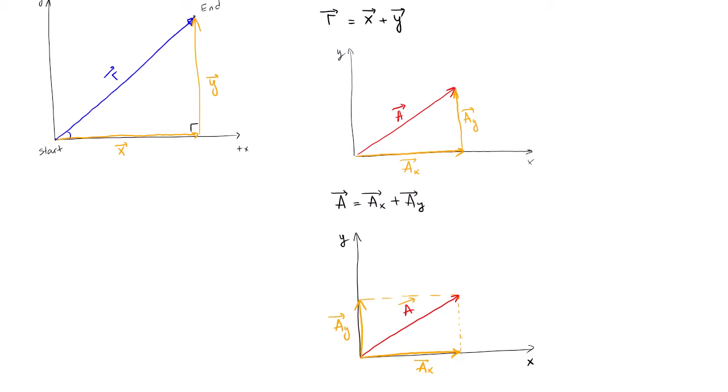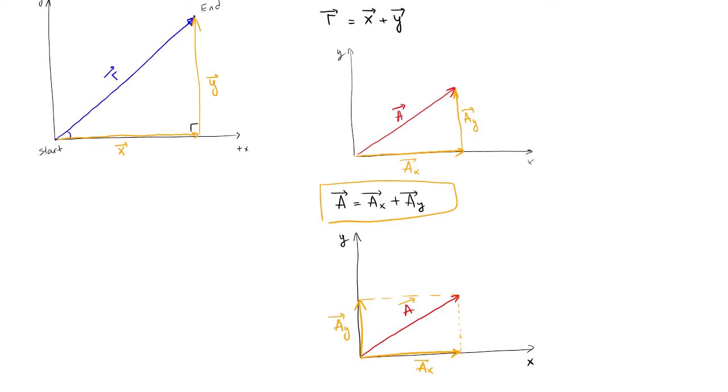Now, as a definition, in 2 dimensions, the vector components of vector A are two perpendicular vectors, ax and ay, that are parallel to the x and y axes, respectively, and add together vectorially according to A equals ax plus ay.